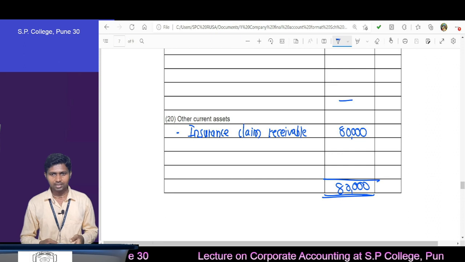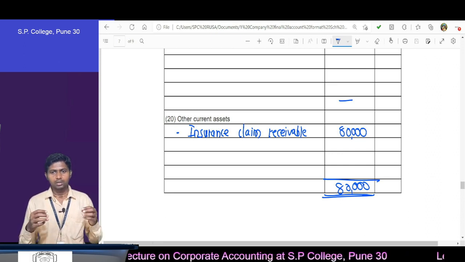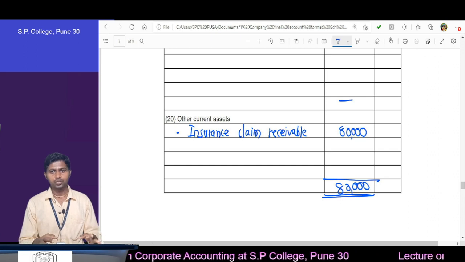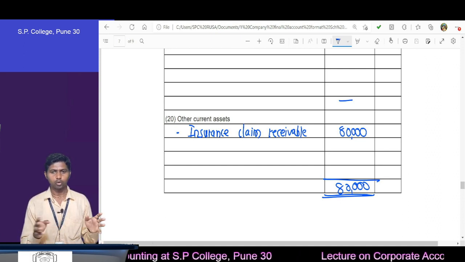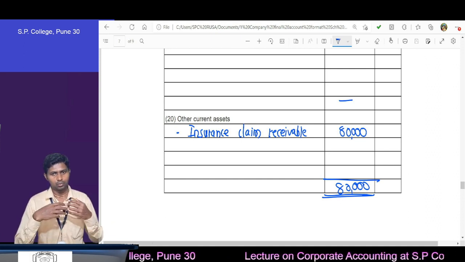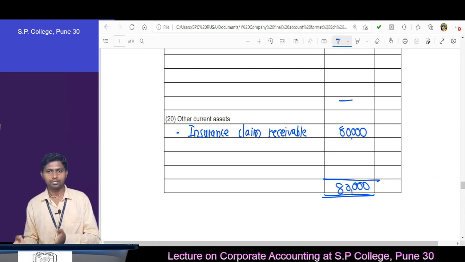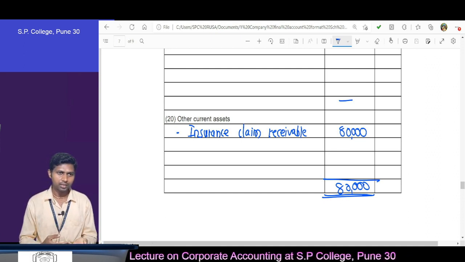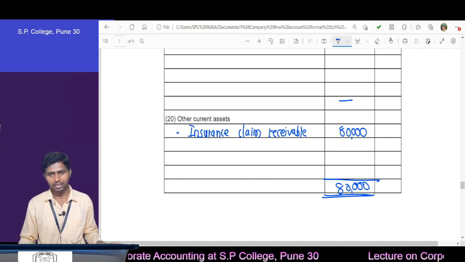In the next lecture, before solving the problem, draw the format individually without seeing it. If you're able to draw it, then you are able to write the trial balance items in the format. If you're able to complete the format, then definitely, my dear students, you will get a tallied balance sheet.